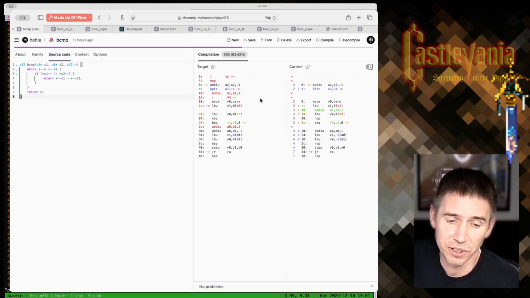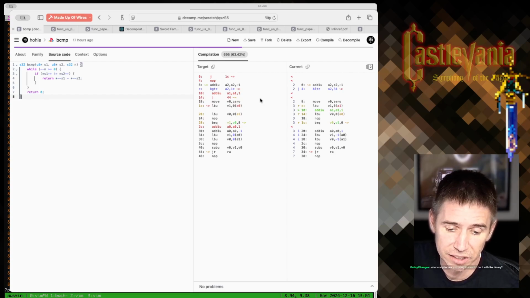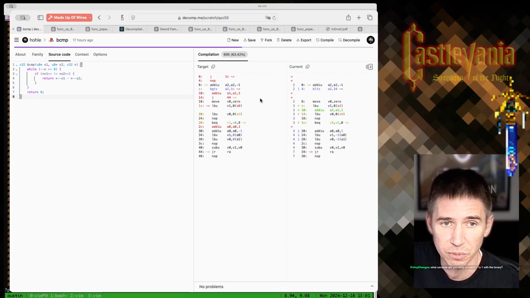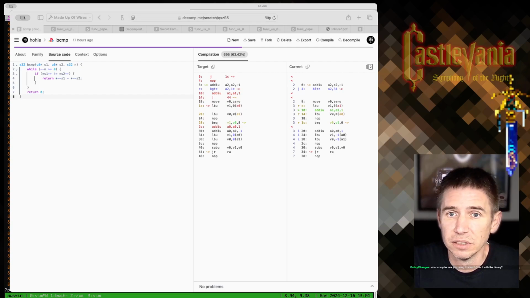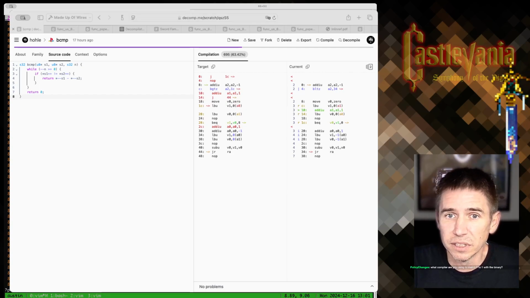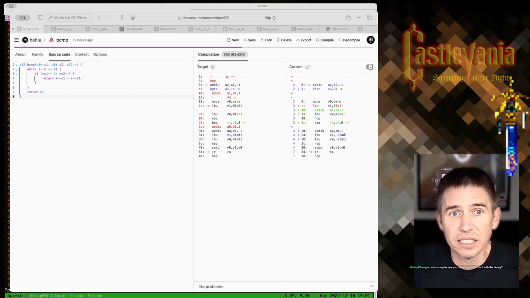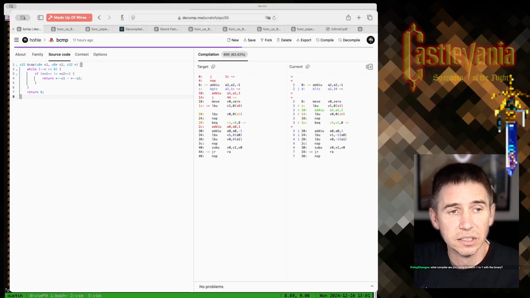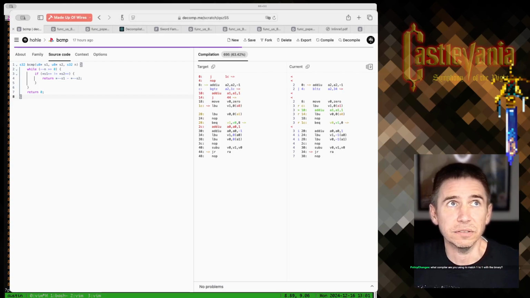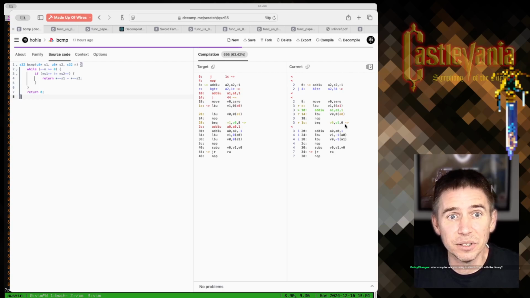The other one that I've been working on for months, it's much longer and a bit more complicated, is the sprintf function. Let me see if I can find that one. It's the same way, where it's already a difficult function logically. There's a lot of things that you need to keep track of.